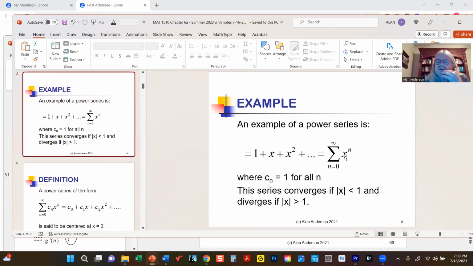It's a constant, it's just 1, so we end up with something relatively simple. This infinite series, n equals 0 to infinity of x to the n, is just 1 plus x plus x squared plus dot dot dot all the way up to infinity. Here we can prove that if the absolute value of x is strictly less than 1, then the series converges. If the absolute value is greater than 1, then it diverges.